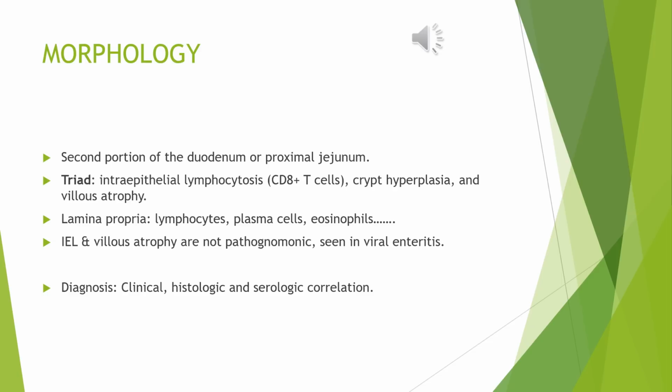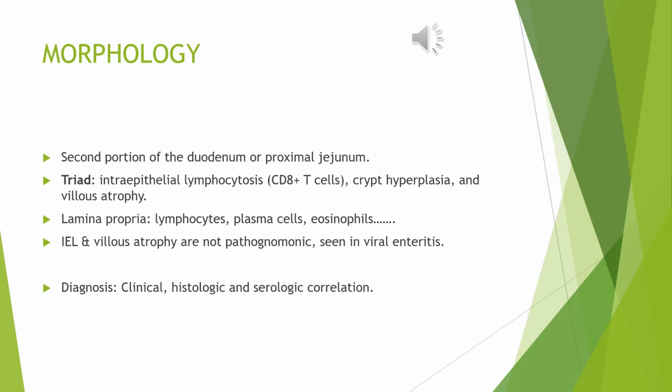The third part of the triad is villus atrophy with variable degrees, ranging from just shortening of the villi to subtotal villus atrophy to even total villus atrophy with flattening of the mucosa and loss of the surface area that is exposed to the absorption of nutrients. So this is the triad of celiac disease.